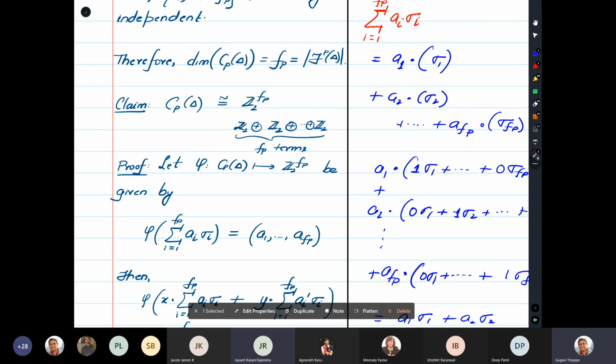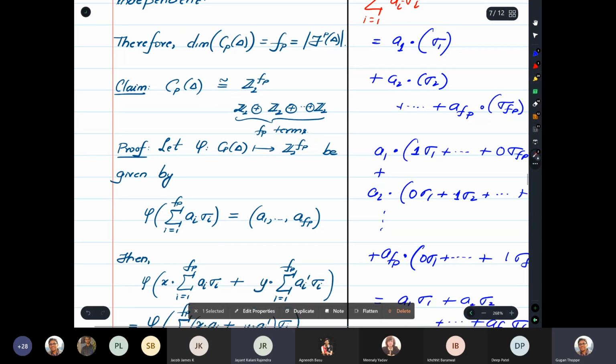And you can ask, okay, you are telling us that it's an isomorphism, so give us the map. So here is the map. The map goes from CP delta, which is the vector space over here, or the set on the left hand side, to the set on the right. So what is the map?